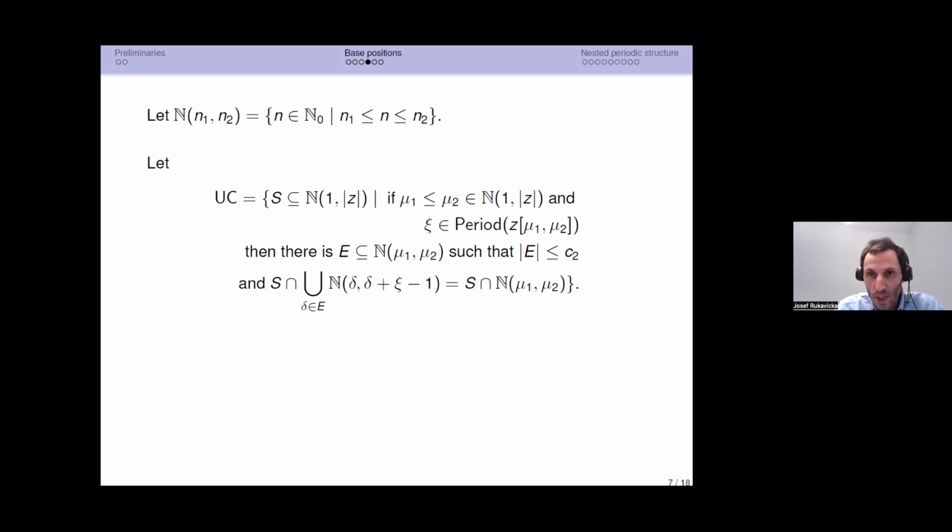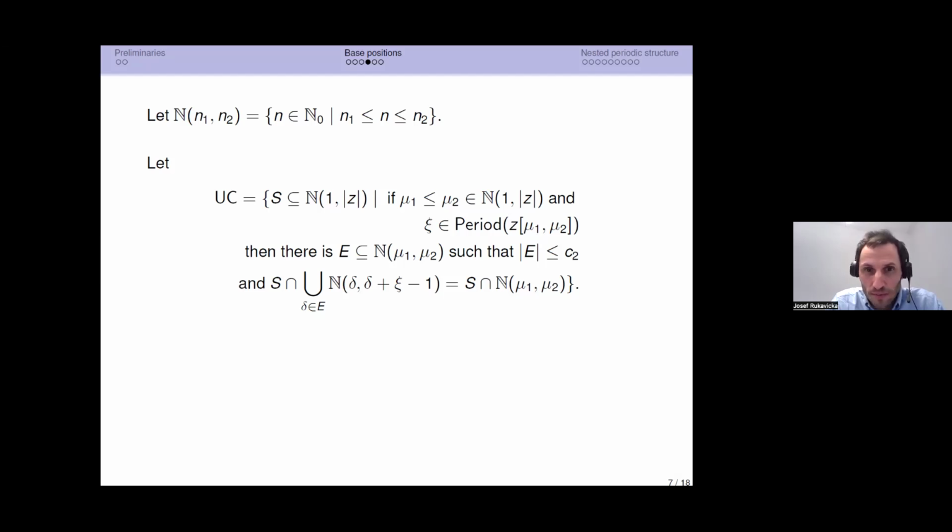And the important thing is that if I make the intersection of the positions from the set S with the factor, then this intersection is equal to the intersection of the set S with the periods given by the set E. It means, maybe once again, if I take the bounded number of the positions from the set E, and if I consider the factors for every position, the factor starting in this position and ending in the position with the starting position plus the period xi, then I claim that the intersection is the same.